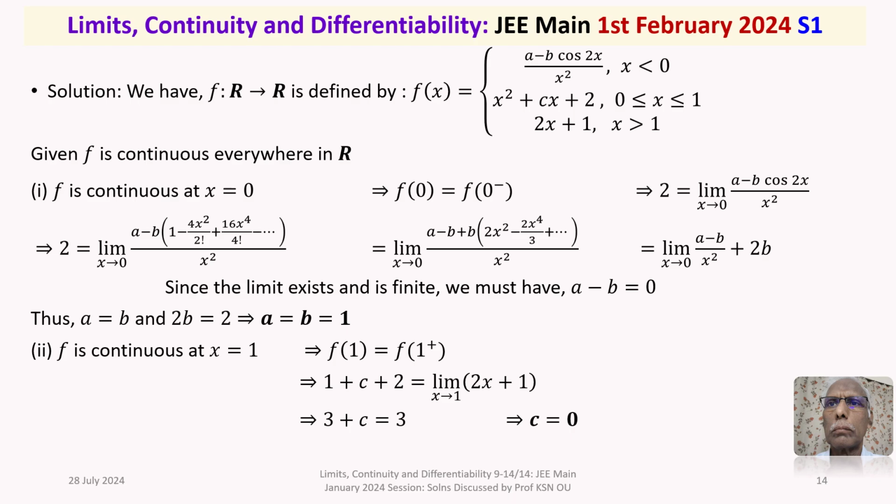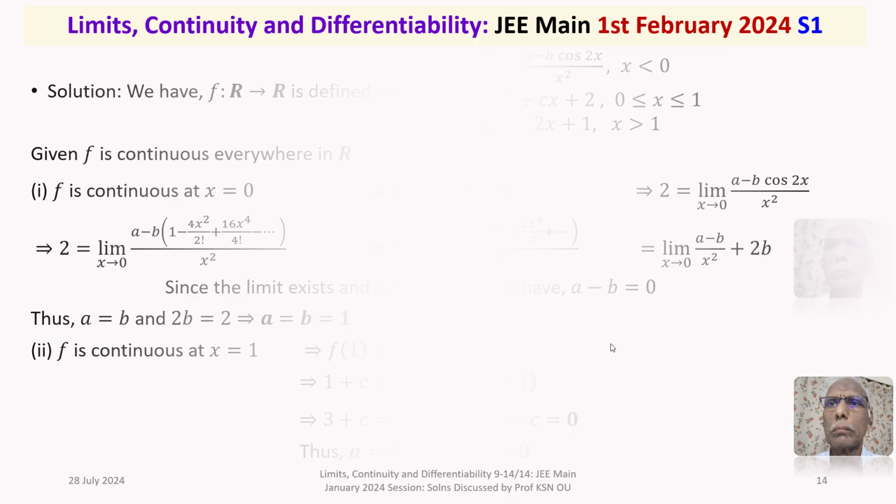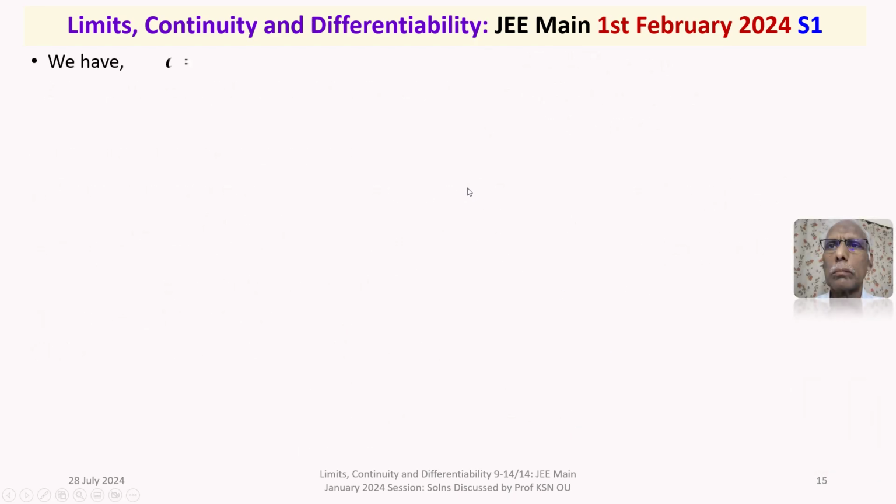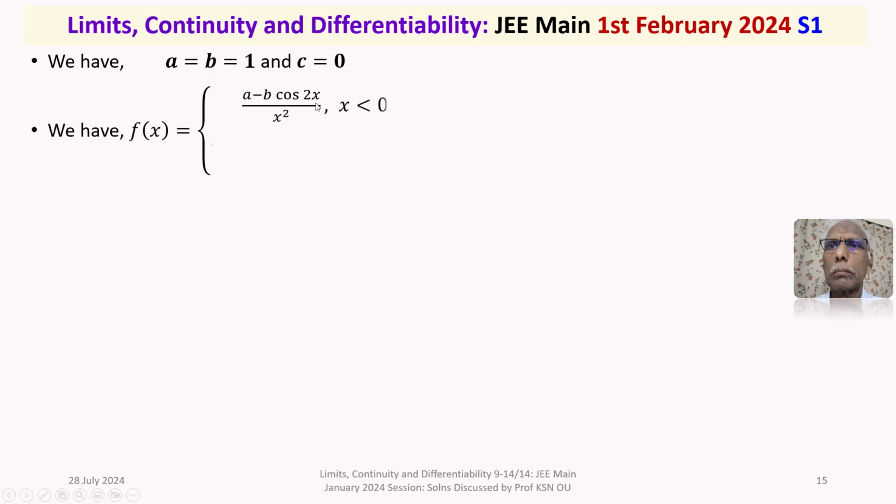Thus we have got the values of a, b, c. A is equal to b is equal to 1 and c is equal to 0. In the next slide, we talk about the differentiability of the function. So we have those values and we have f of x.